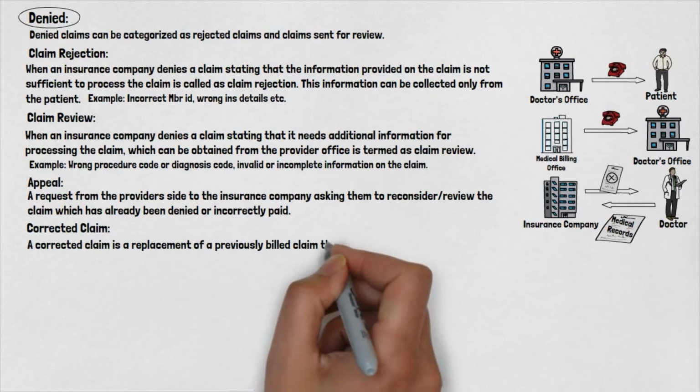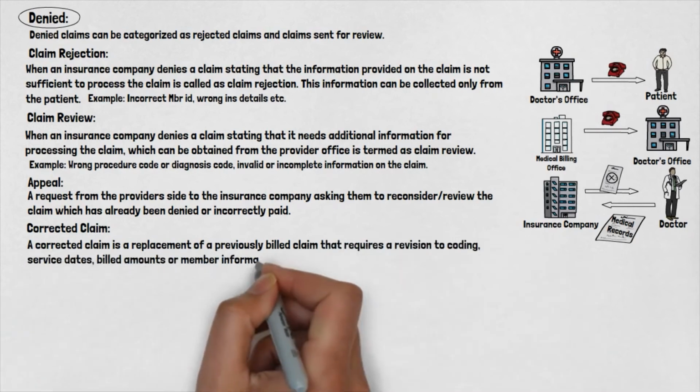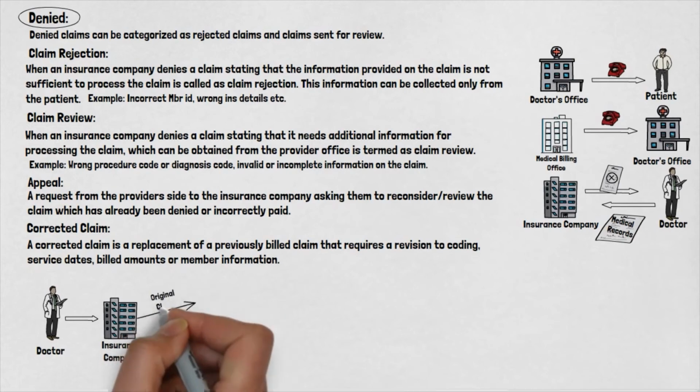Now the next one is corrected claim. A corrected claim is a replacement of a previously billed claim that requires a revision to coding, services, dates billed, amounts or member information.